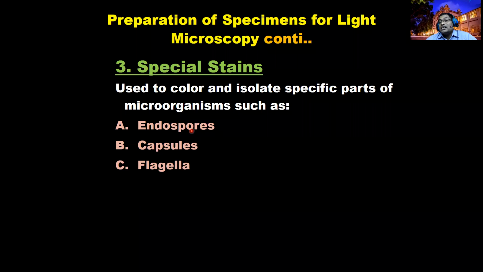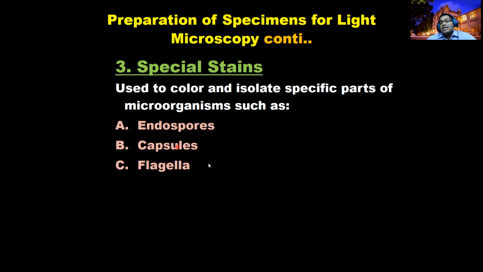To overcome harsh environmental conditions, such as limited food, they produce endospores. To identify endospore-producing bacteria, you can use special stains.